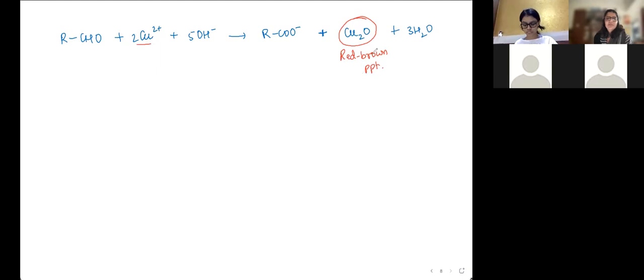You won't get a red brown precipitate if this test is not given, because that means the compound is not oxidized. So as I mentioned earlier, aromatic aldehydes do not give this test. You don't end up getting the precipitate with aromatic aldehydes.